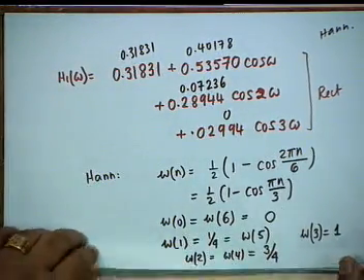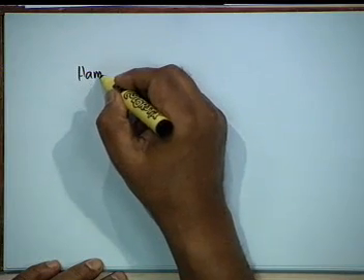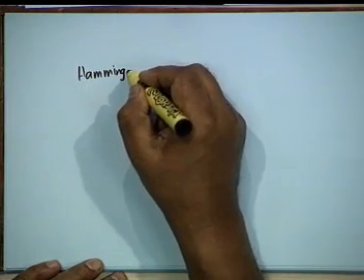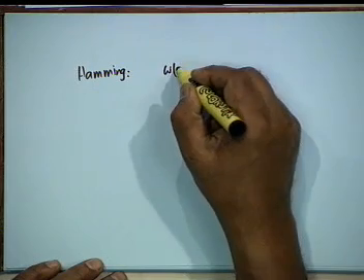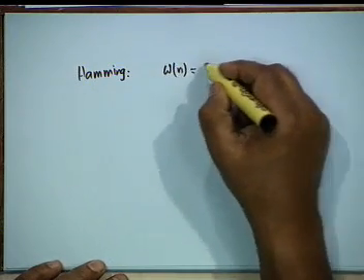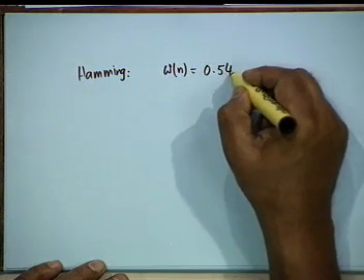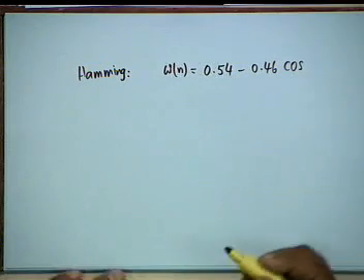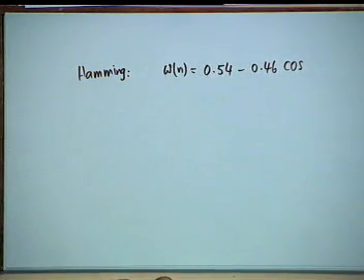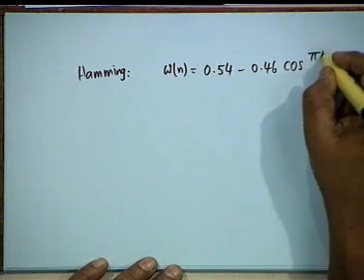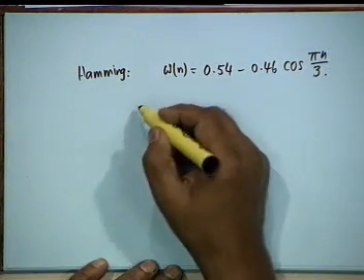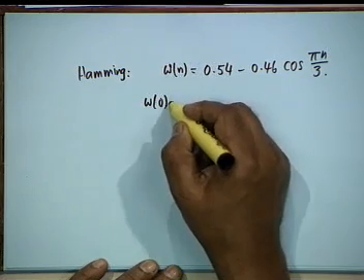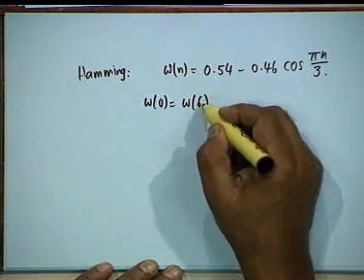In Hamming, the window values are Wn is equal to 0.54 minus 0.46 cosine of, once again it would be pi n by 3, because the length is the same, and the values are, we know these values without calculating anything.